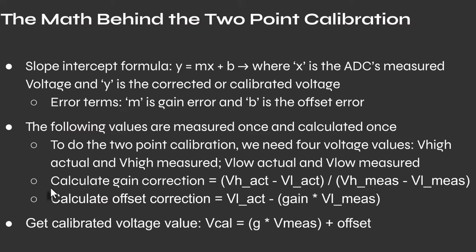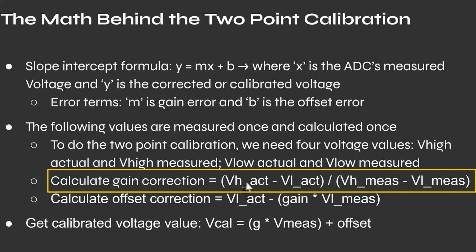Then we have to take those values and measure them with our ADC before we do the calibration. So what does the ADC actually measure when an input of 0.5 volts is there? What does the ADC actually measure when there's an input of 4.5 volts there? From those values, and we can see them right here, we have V high actual, V low actual, V high measured, and V low measured.